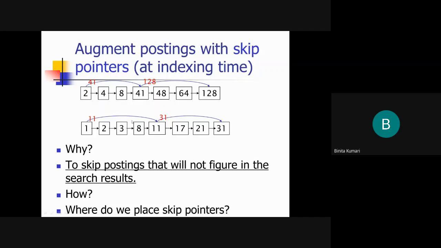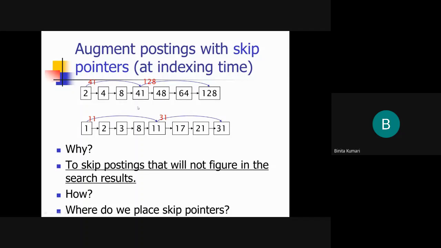Now 4 is less than 8, so the pointer of 4 will move to the next. Now this 8 will be compared with this 8. Now there's a match, so this 8 will be included in my answer list. Then this pointer will go here, then its pointer will move to the next. Then again it will proceed in the same way.